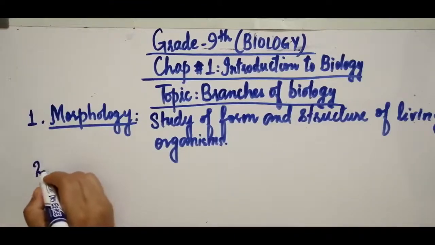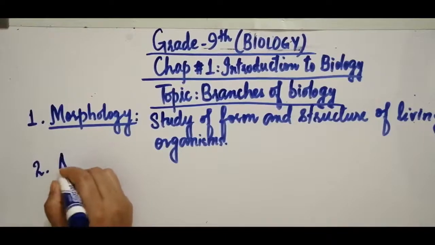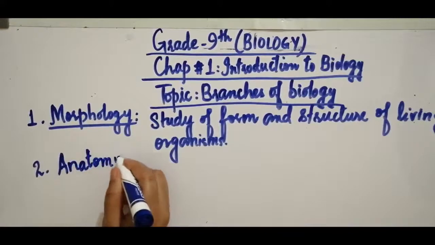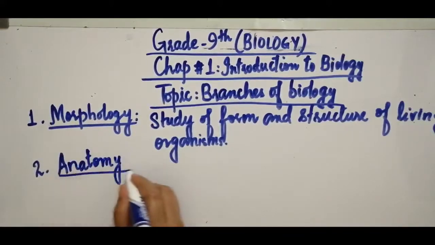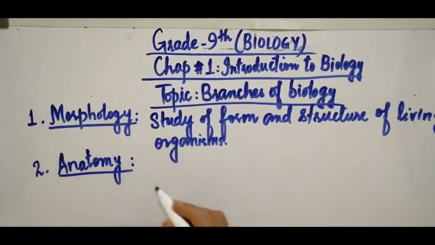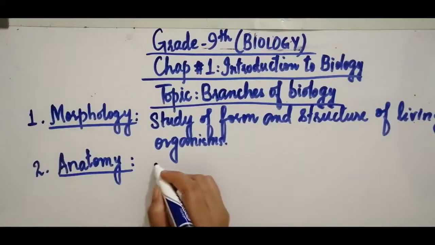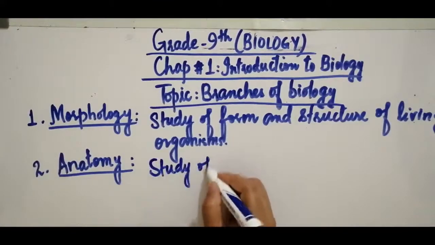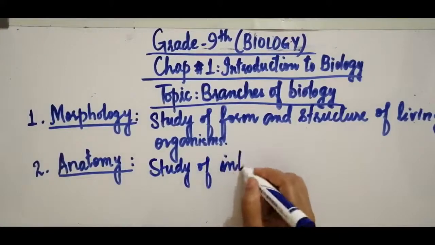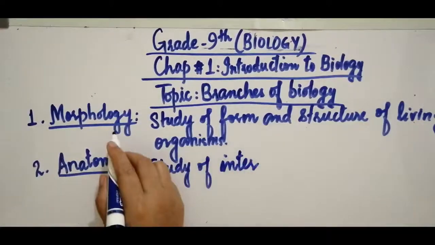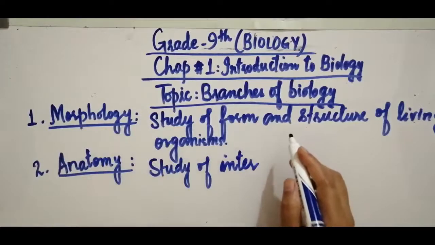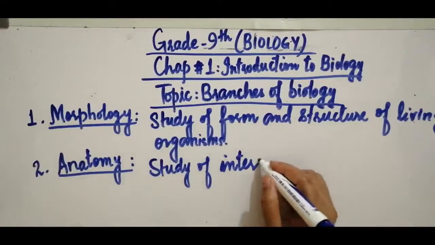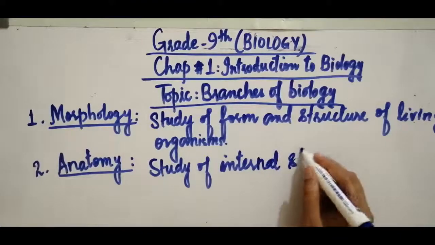The next branch of biology is anatomy, which is actually the reversal of morphology. How? Because this is the branch that deals with the study of internal structure of living organisms. If morphology deals with the external structure, then anatomy deals with the study of internal structure of living organisms.